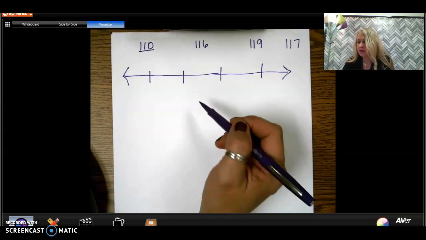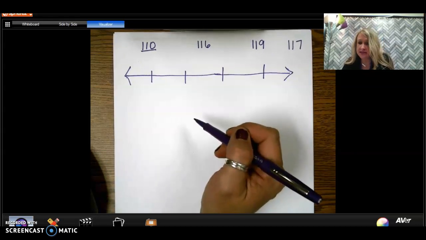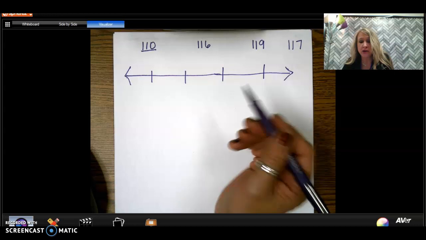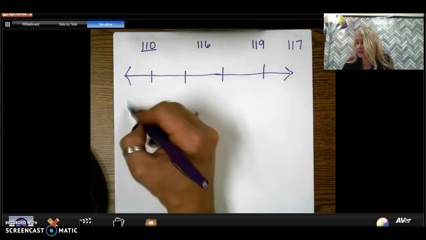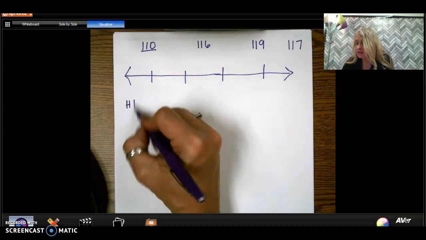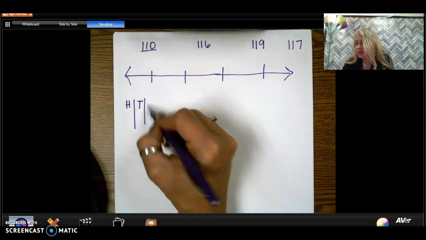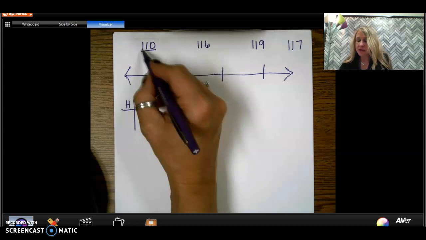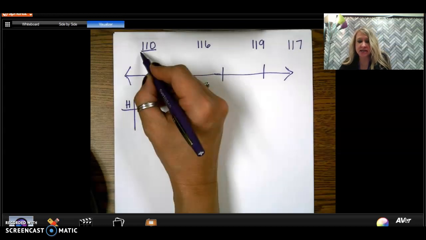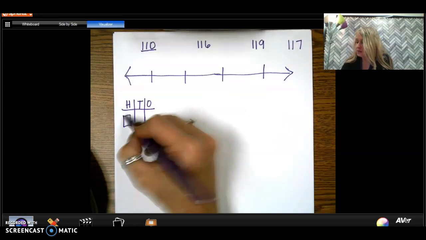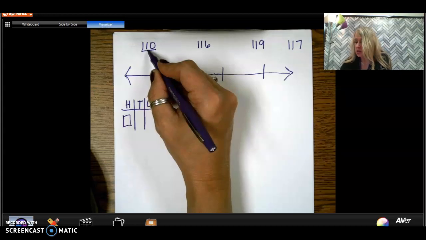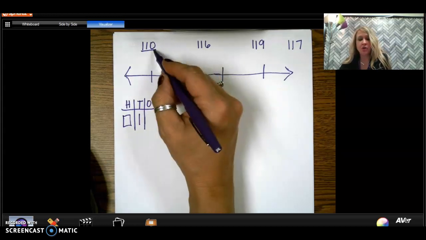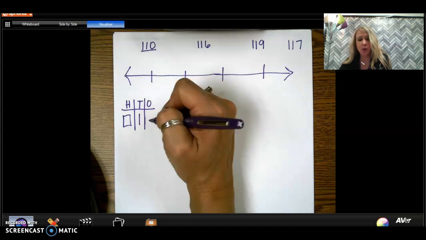110. Let's use our base 10 blocks or draw a picture to show the number 110. So you have your hundreds, tens, ones. How many hundreds does 110 have? 1. How many tens? 1. How many ones? 0.